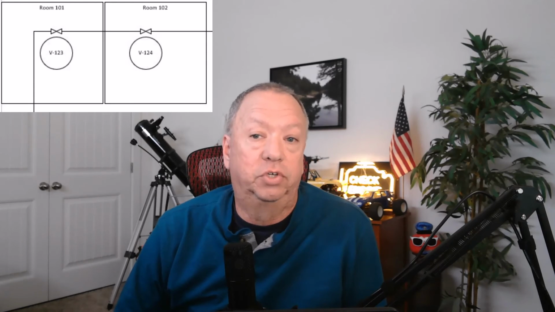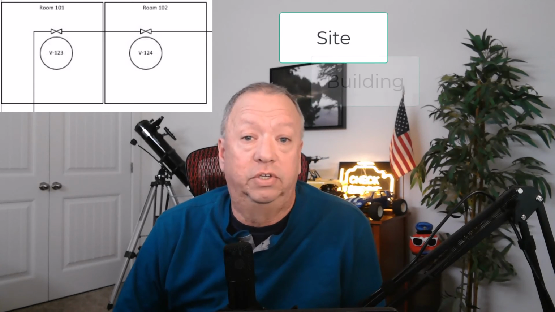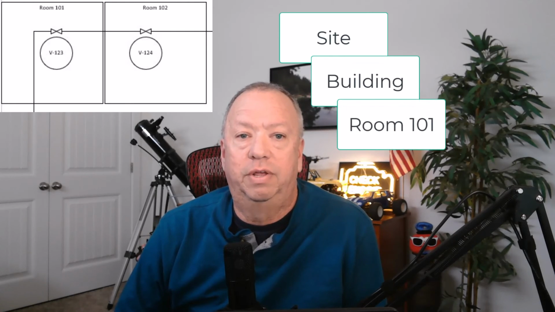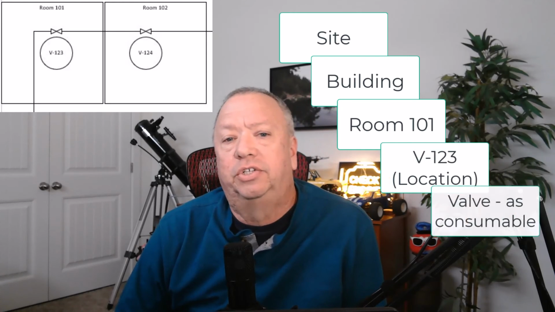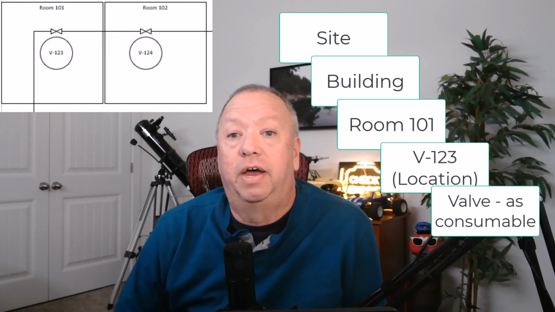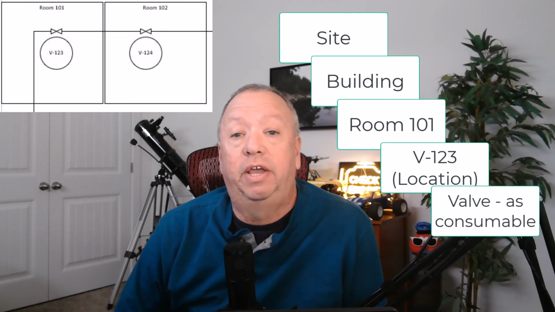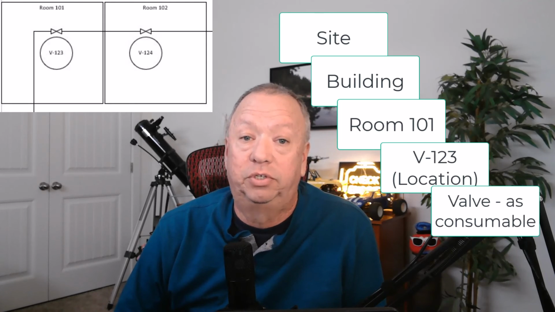However, if the equipment you're switching in and out is consumable, a replaced valve gets thrown away or recycled, then having a location level of valve 123 might still be important. By having location valve 123 in your hierarchy, any work done at or to that location, such as replacing those throwaway valves, can be captured.